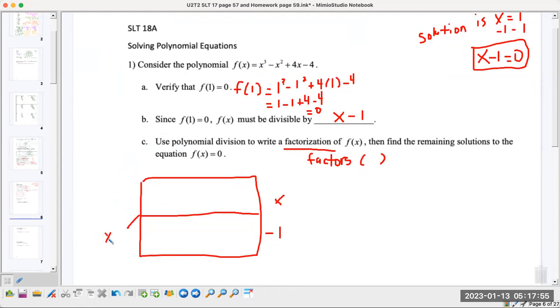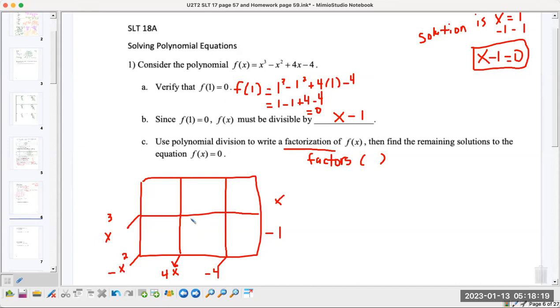So we get x cubed, and then we have minus x squared. And then we're going to have our x term. We got plus 4x. And I need one more column. And I'm going to have minus 4.